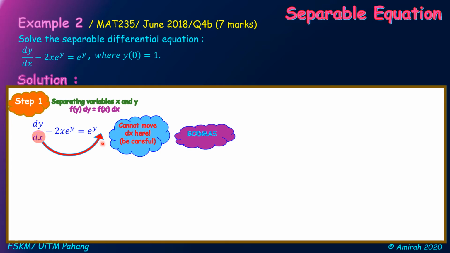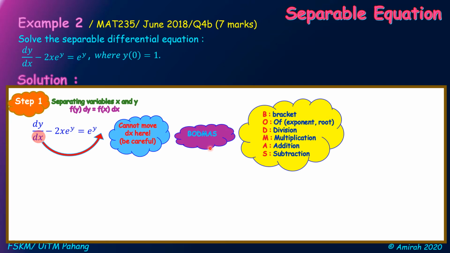Why? Because we must follow BODMAS. What is BODMAS? BODMAS is an acronym. B means bracket, O means of, meaning exponent and roots, D means division, M means multiplication, A means addition, and S means subtraction. When we want to solve a mathematical operation, we need to follow the BODMAS order.